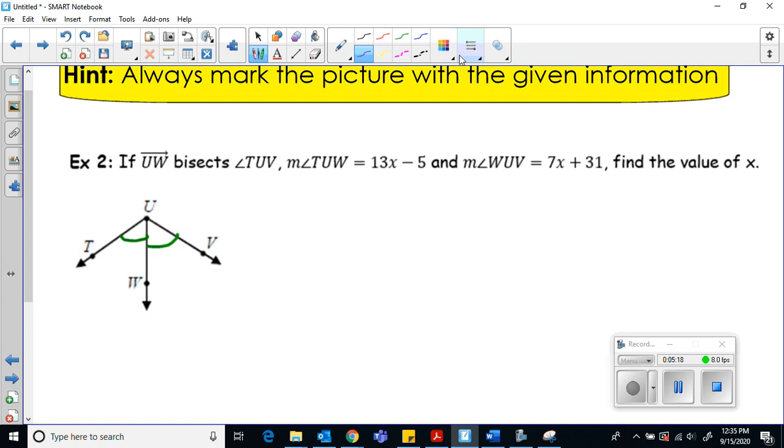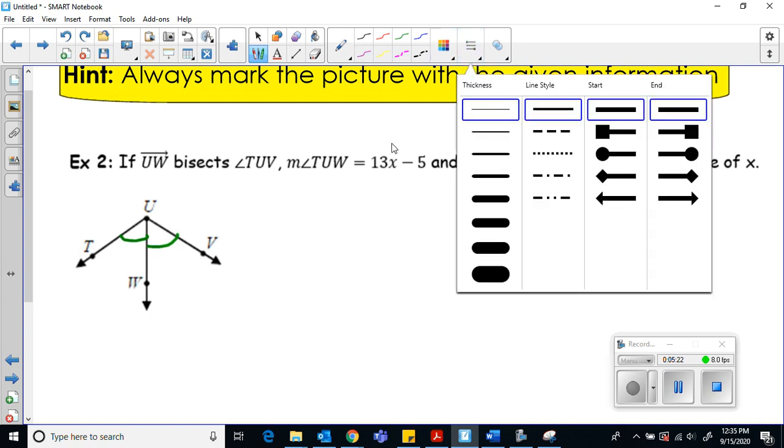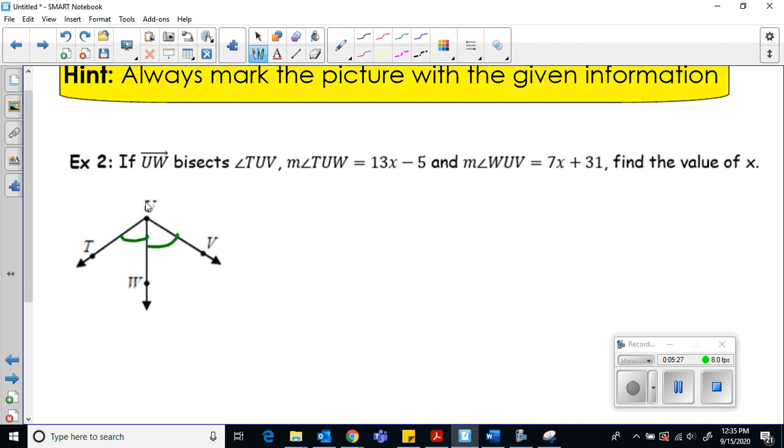Okay, now we got to fill in what information we know. And so I'm going to make this line a little smaller so I can write. So angle TUW, which is this side, is 13x minus 5. And angle WUV is 7x plus 31.